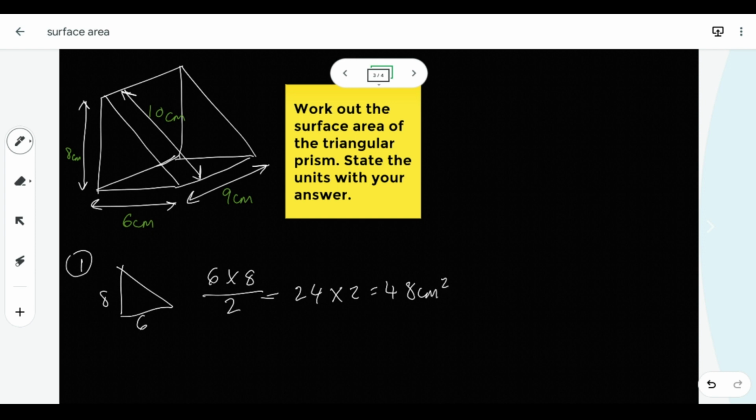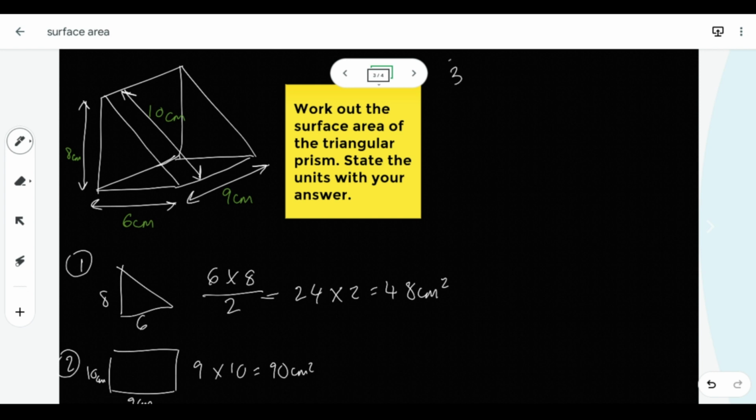Now, to find the area of this plane, this plane sheet, we draw the shape out because it's easier to visualize it. So we have 10 by 9 centimeters, times them together, 9 times 10, which is 90 centimeters squared. So we have the area of that.